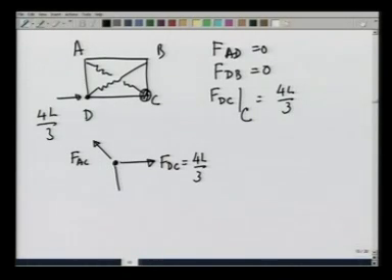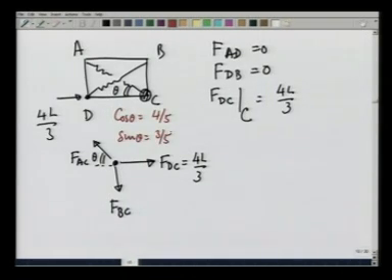That means the AC rope is under tension, and remember again, AC is a rope, so it can support only tension, no compressive force. And there is going to be a force FBC. This angle is, let us say, theta. So cosine of theta is 4/5 and sine of theta is 3/5.